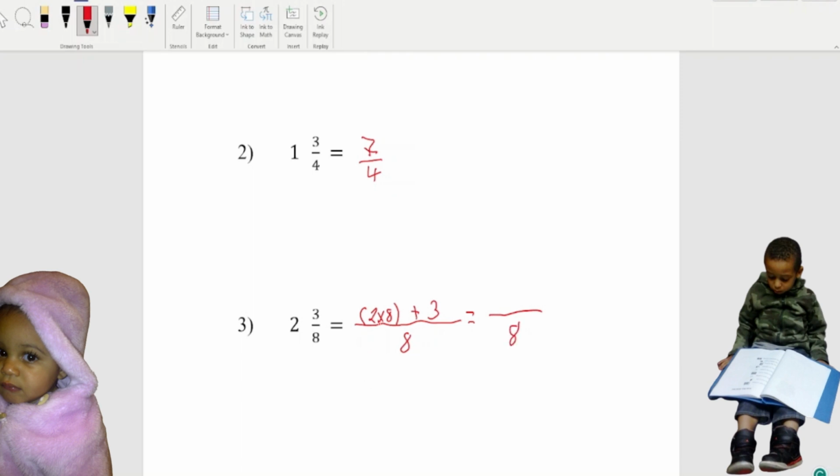Now 2 times 8 equals 16 plus 3 equal what? 16 plus 3 equal 19. And 8. Okay, so this is 16 plus 3, 9, 1.